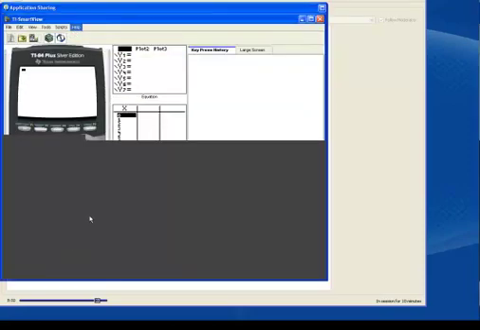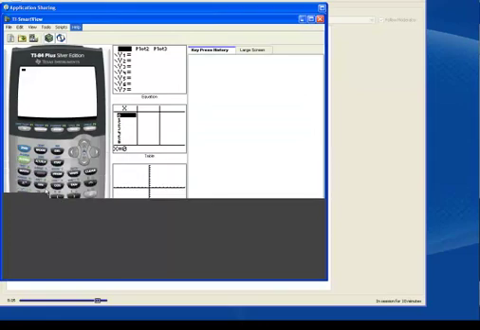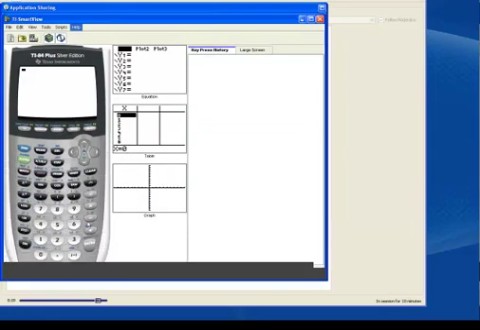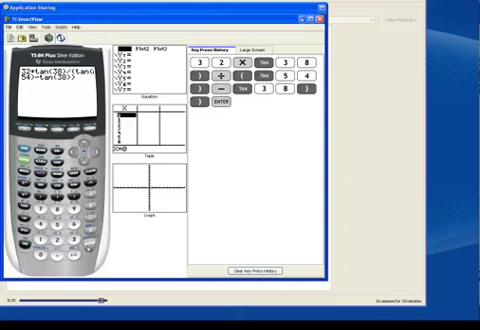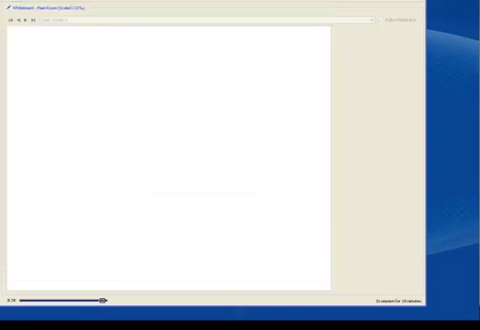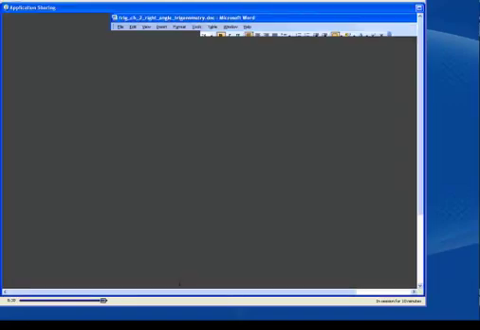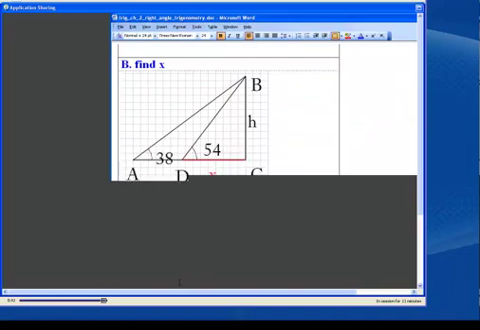So we have 32 times tangent of 38 degrees divided by, and here's what I want to point out, make sure to put the denominator into parentheses: tangent 54 degrees minus tangent 38 degrees, and close the parentheses. 42.01, and it looked like we need two significant figures, so it's going to be 42 feet, the answer. So x equals 42 feet.